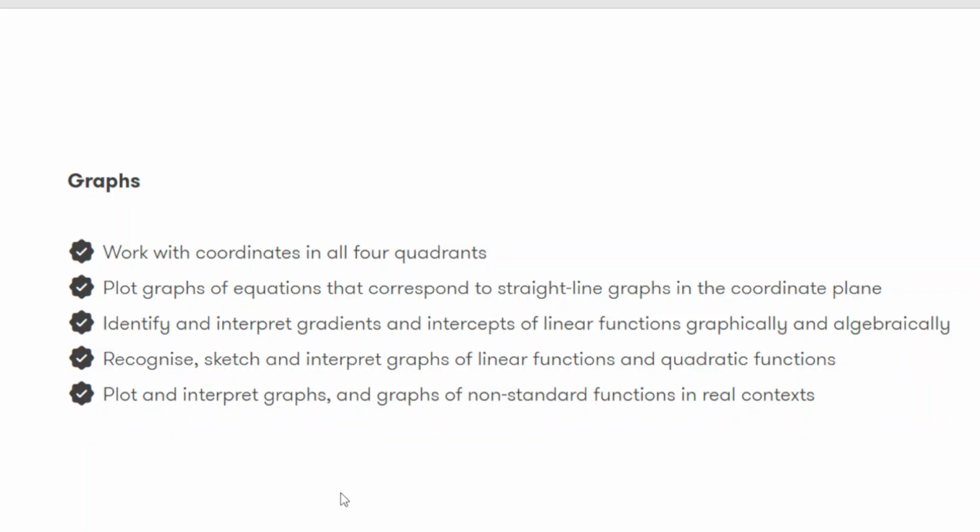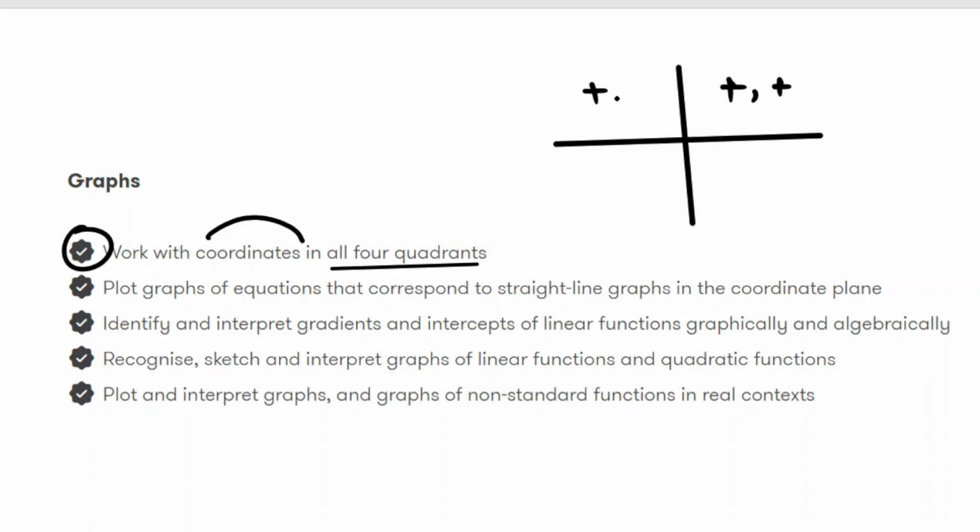And then comes the one in which most of the students feel like, why are we still learning mathematics? Graphs. Coordinates in all four quadrants. The name looks difficult, but is it difficult?